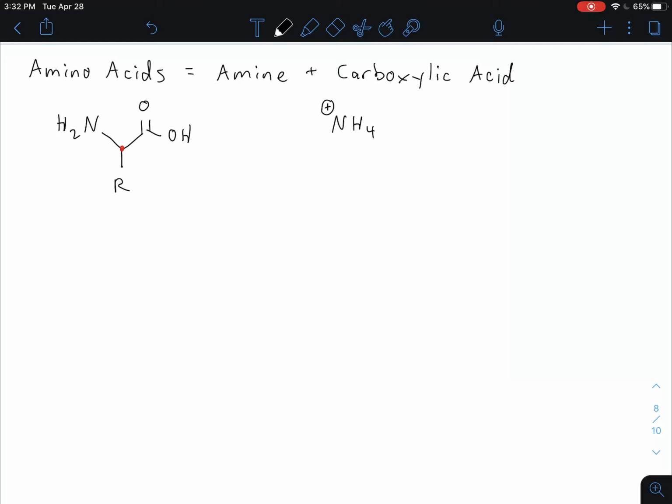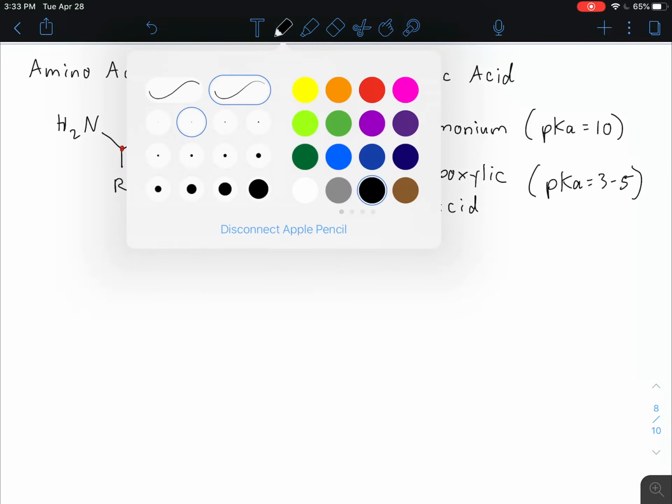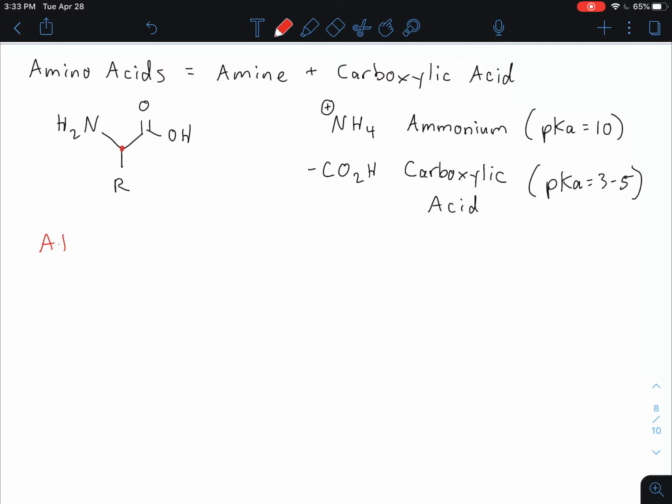Well, when we talk about NH4+, that's ammonium, and that has a pKa around 10. And we were just talking about carboxylic acid, and that has a pKa between 3 and 5.